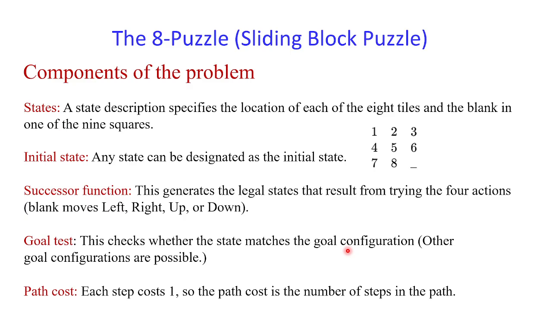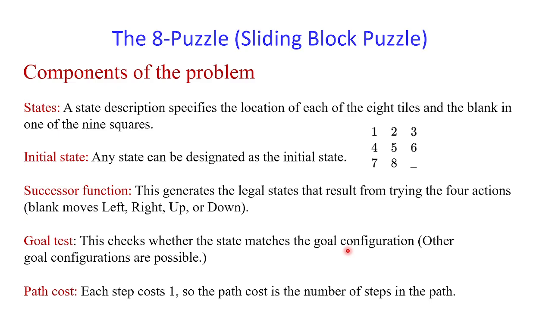When we talk about the path cost, in the 8 puzzle problem, each tile moves exactly 1 position, so the cost is 1. The total path cost equals the number of moves made to reach the goal.